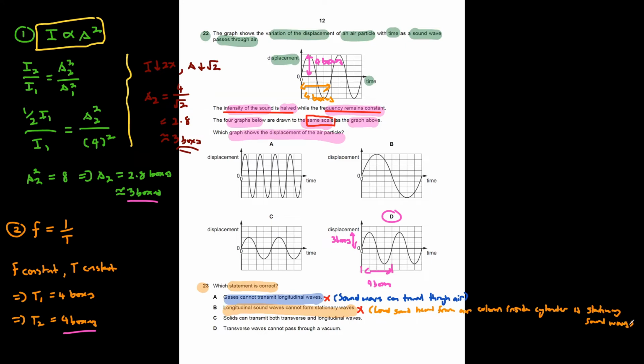You know the questions you always do where they say you always hear the loud sound over the air column inside the cylinder, that is actually stationary sound waves. So they say cannot form stationary sound waves. This is actually wrong.